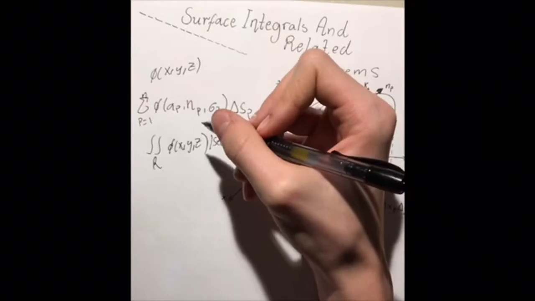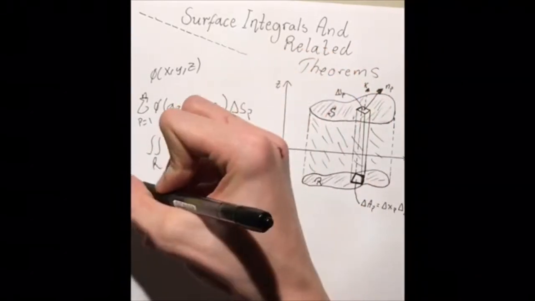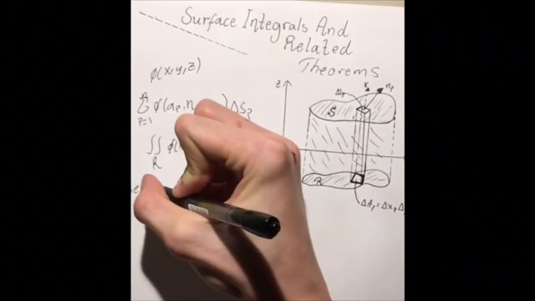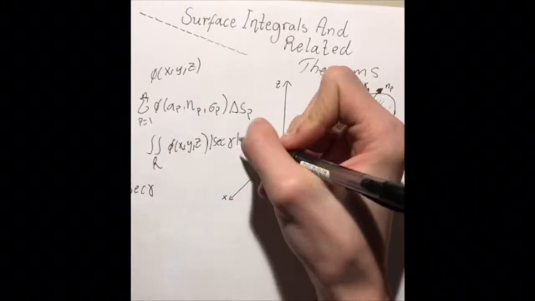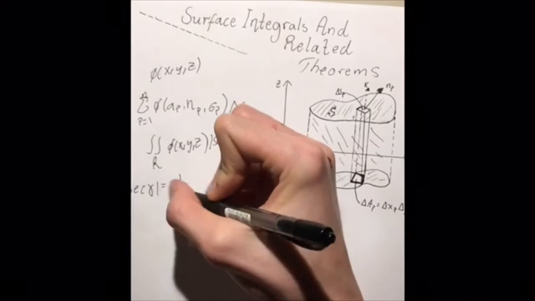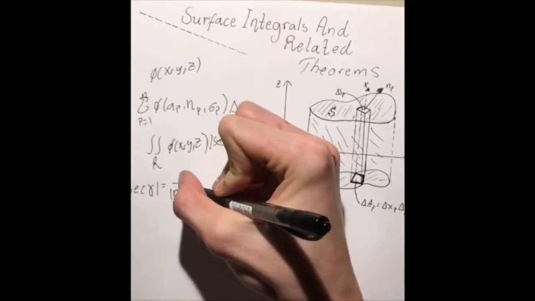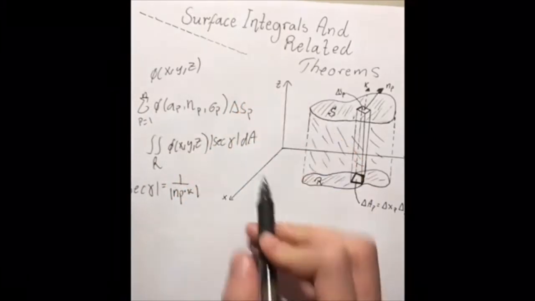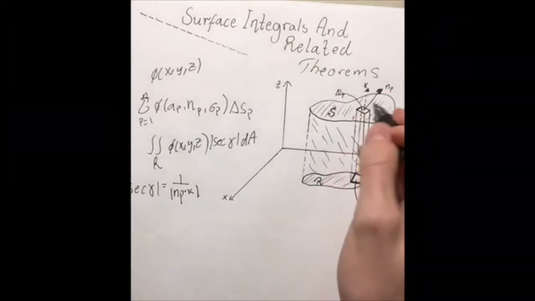The length of sec gamma is given by sec gamma, which is equal to 1 over the length of n_p dotted with k, as seen here.